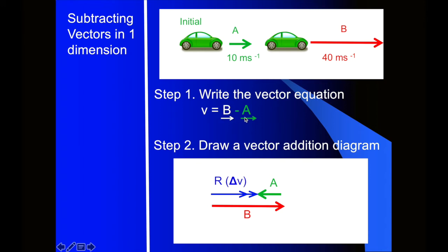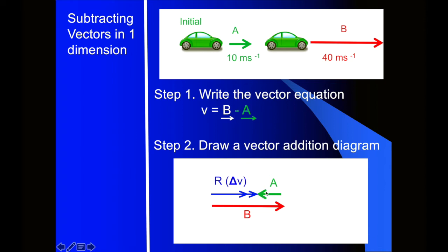And notice here that the arrows are going in the direction that the car is going, so in the positive direction. So now that we're trying to draw a vector addition diagram, what we know is that this negative actually flips the arrow the other way. So if you showed your vector of scenario B going to the right, then your A would be opposite to that.